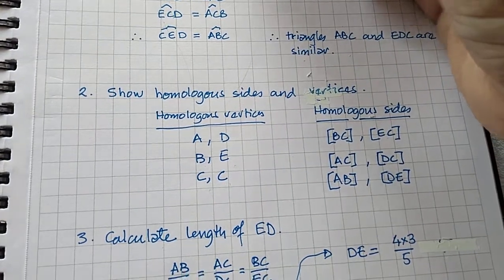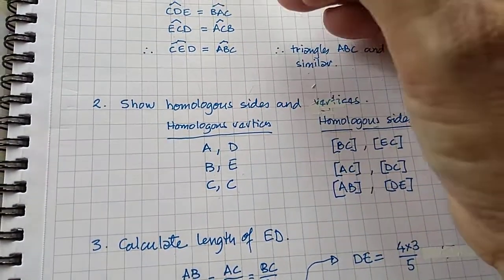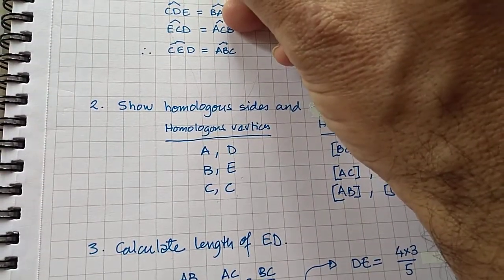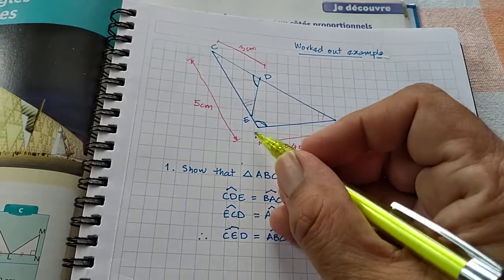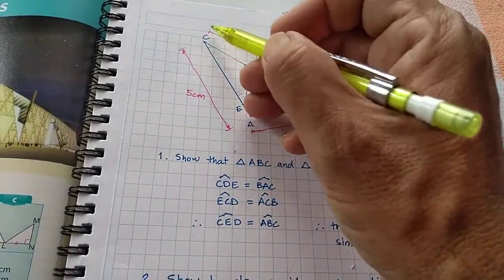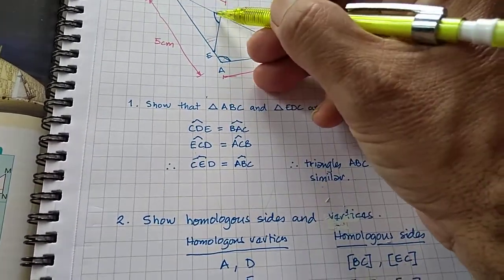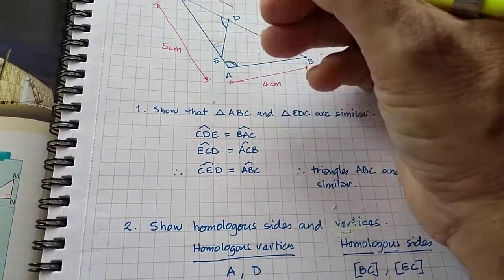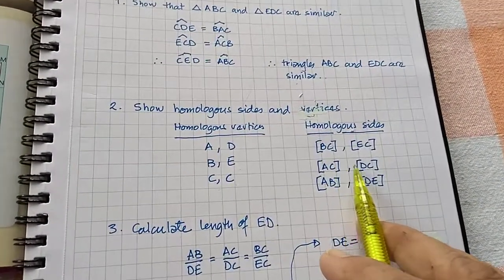Then AC, this is the second longest side. This is homologous to CD. You also see that AC is bounded by this angle and this angle on the other side. Similarly, CD is bounded by this same angle and this same angle on the other side. So these two are homologous.